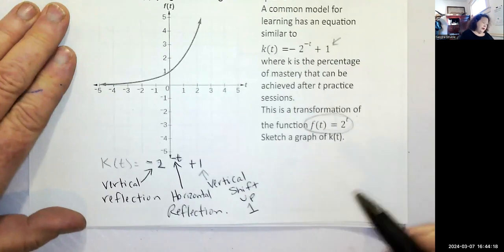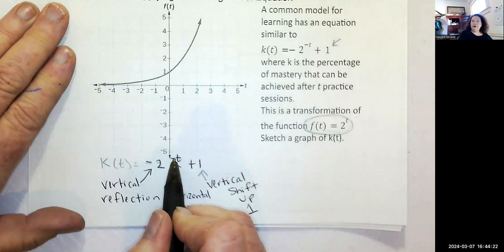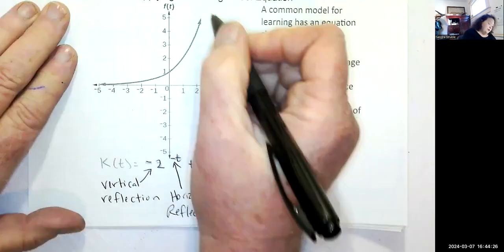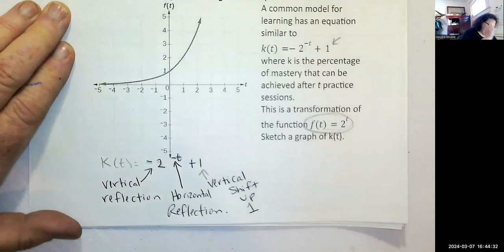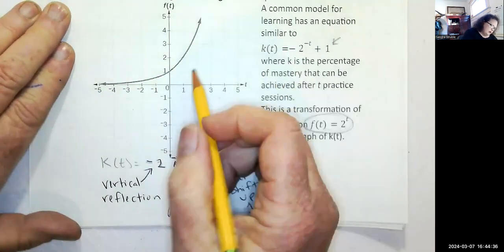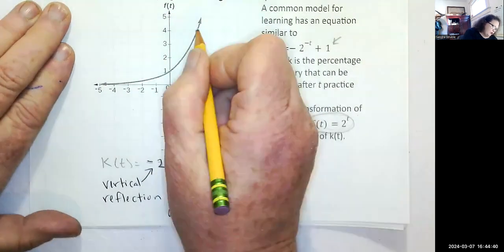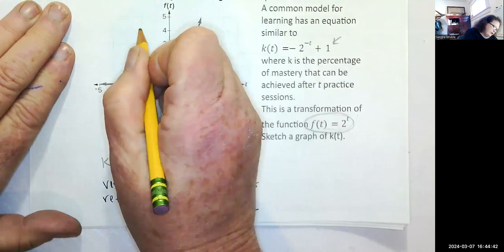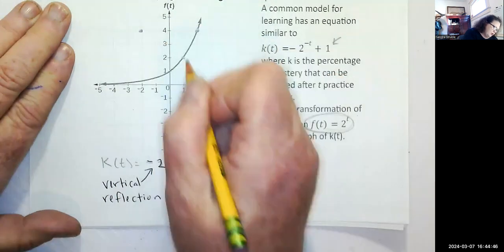Let's start by flipping it. So we'll do the -t, we'll do our exponent first, just like order of operations. So I'm just going to choose a couple points, and I am going to use my pencil because I don't want it to be staying the same. In fact, I'm probably going to erase it each time. All right, so we're starting here. I'm seeing some points. I see 2, 4. So I'm going to reflect it across the y-axis. I see 1, 2.